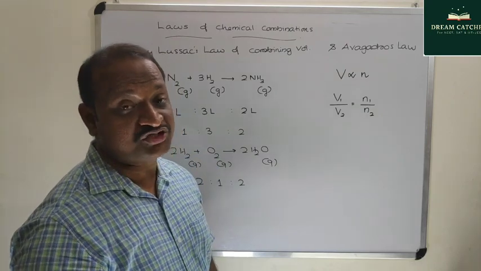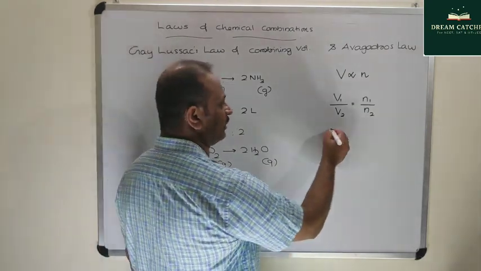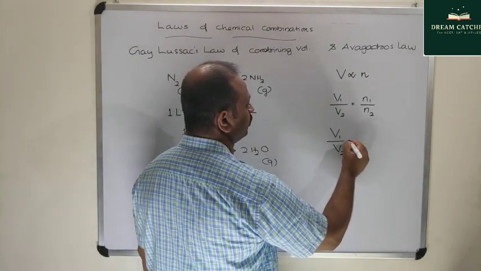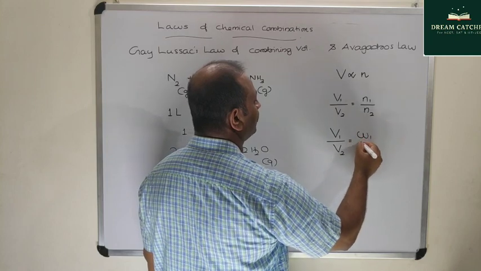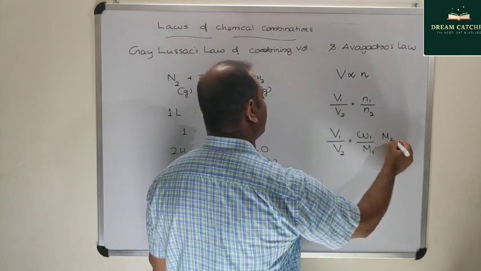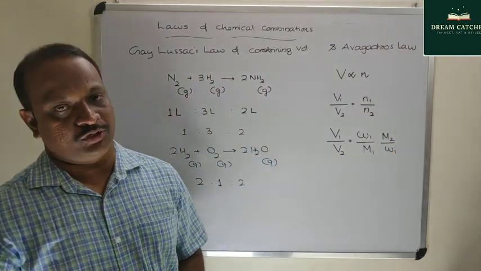Or else, you take the number of moles as given weight divided by molar mass. So I can write V1 divided by V2 is equal to W1 divided by M1, into M2 divided by W2. This is Avogadro's law.